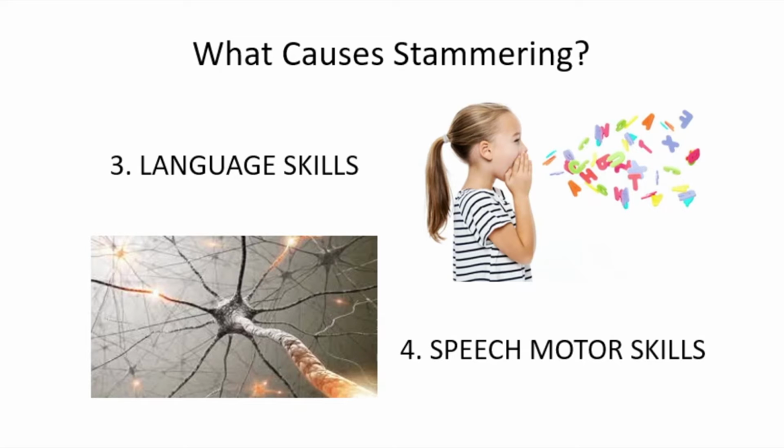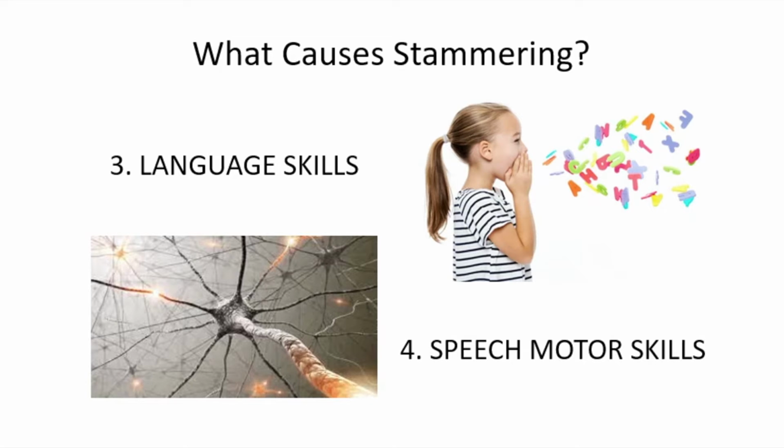When children who stammer speak quickly because they're trying to keep up or because they're trying to say something that's long and complicated, what that might do is just put too much load on that capacity that they have to send all those little messages and coordinate all those fine muscle skills, so your speech motor skills.